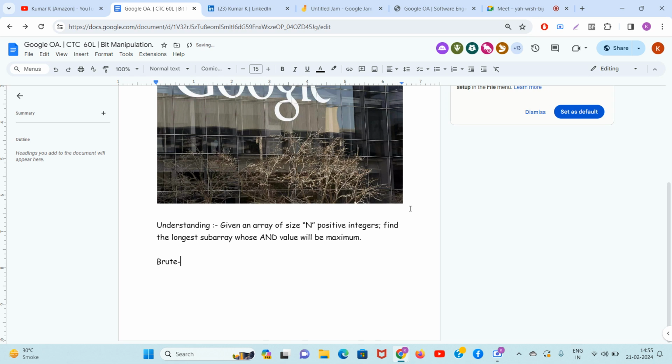Can anyone tell me in the chat? Simple. Consider all the subarrays of your array and calculate their AND value.